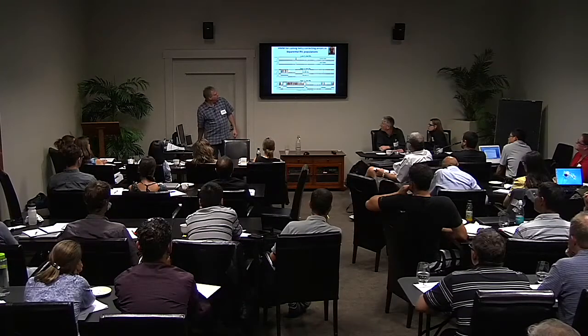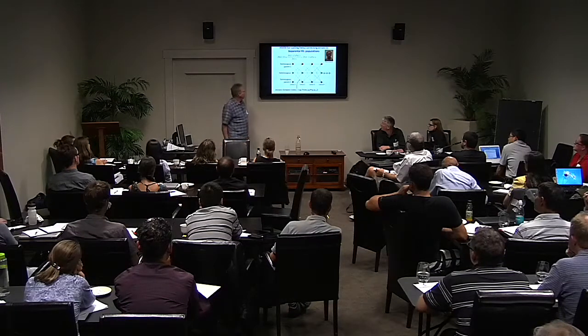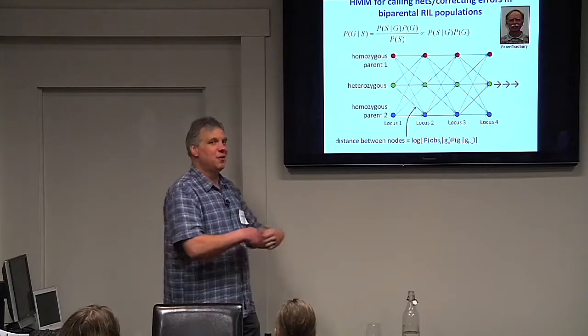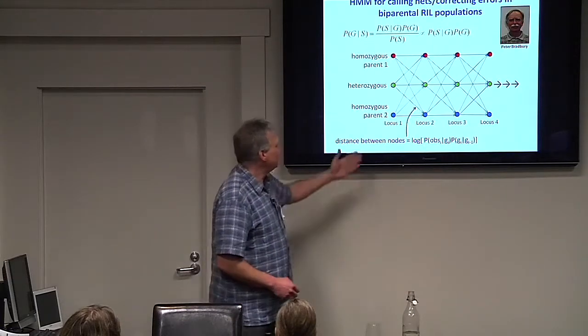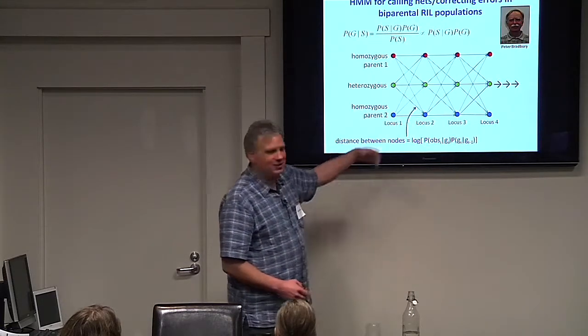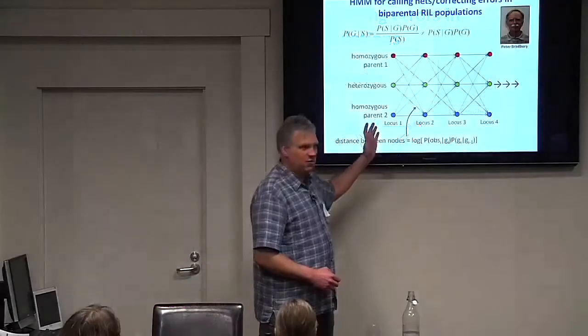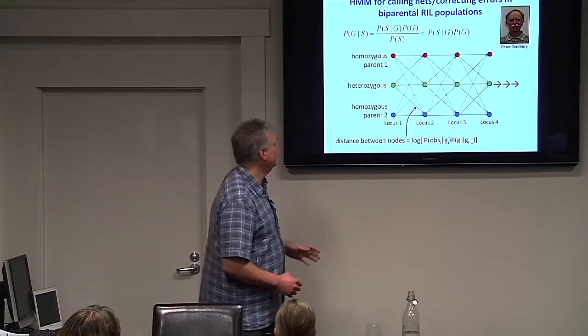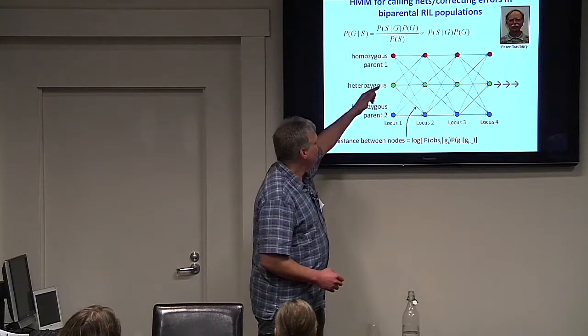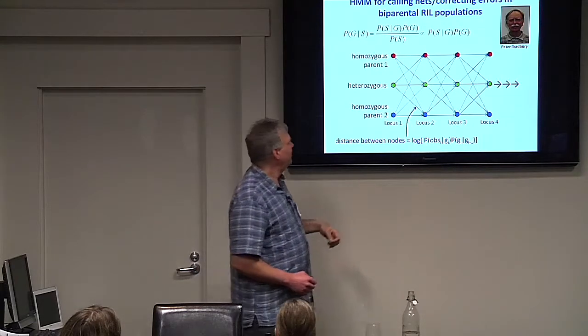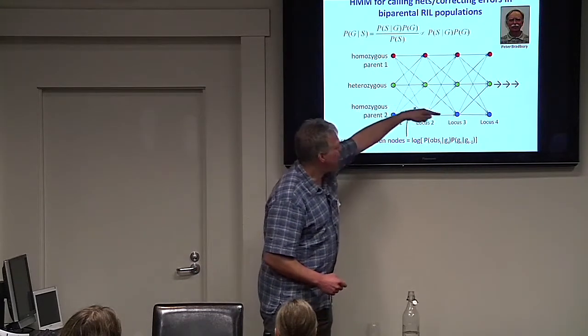It does that by, it's a little bit magical, which means I don't fully understand it enough to explain it in detail, but it walks through this graph of all possible states. This is just showing 4 SNPs in a row along the chromosome, and to represent an entire chromosome, it would go to the other side of town, basically. But this could walk through all the possible actual genotypes that are there, and this is the path that you could walk.